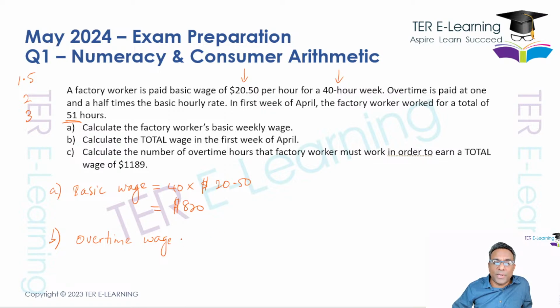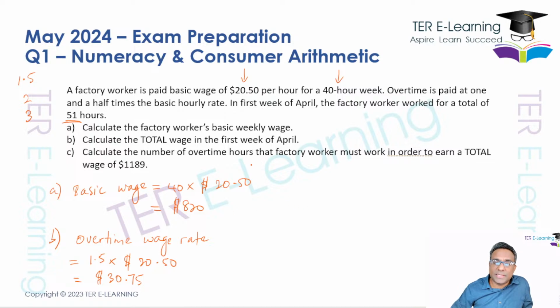So your overtime wage rate is time and a half, so it's 1.5 multiplied by the basic hourly wage rate, which is $20.50. That's going to be 1.5 multiplied by $20.50, which is $30.75. So that's my overtime wage rate.